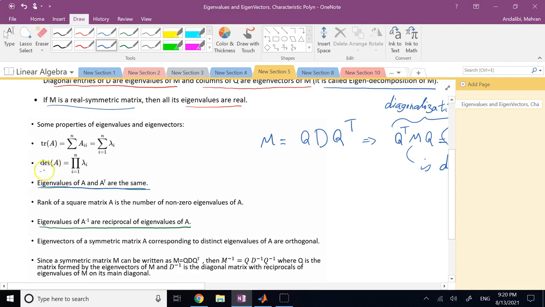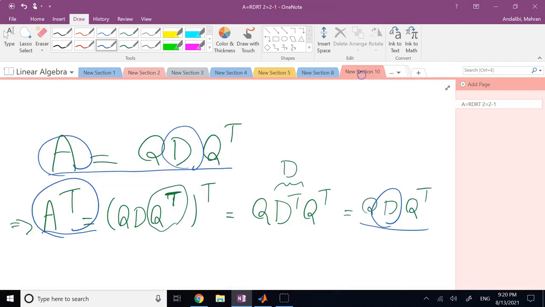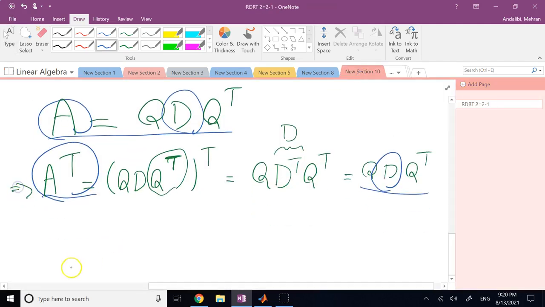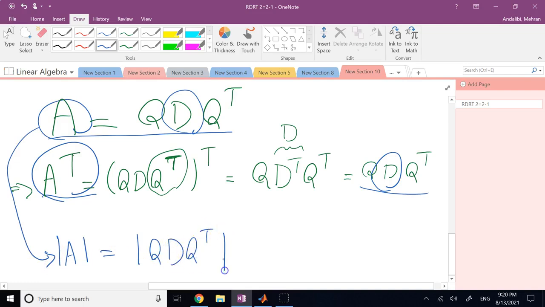Look at this one. Determinant of a matrix is the product of the eigenvalues. It is. Why? Because if I say what's determinant of A from here, it is going to be the determinant of Q, D, Q transpose. Determinant of product is product of determinants.